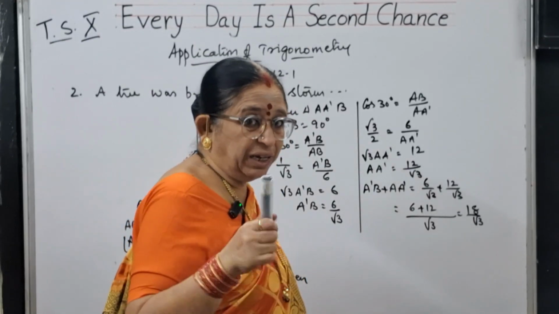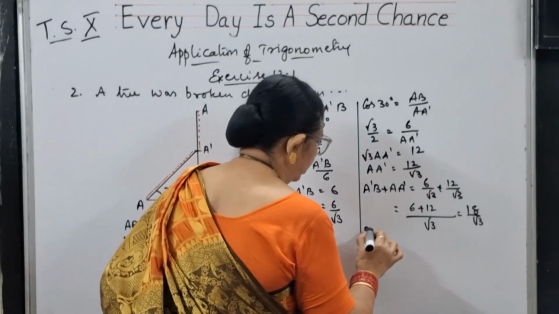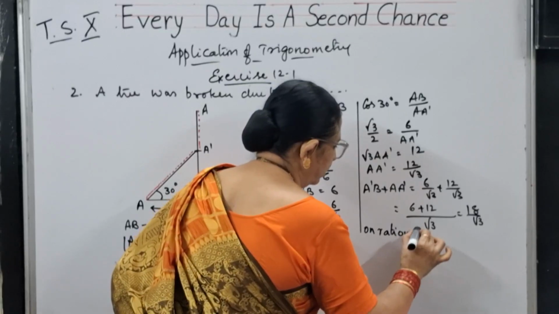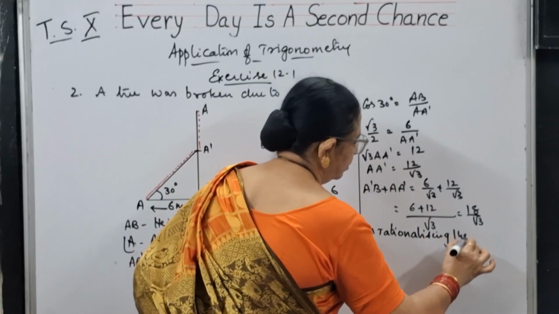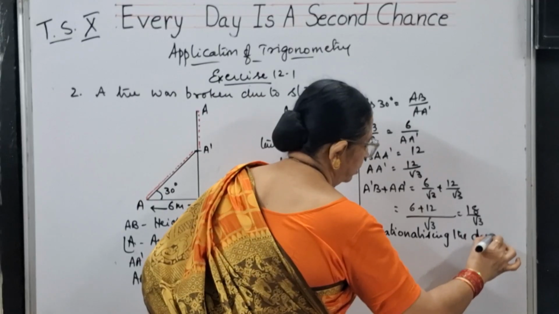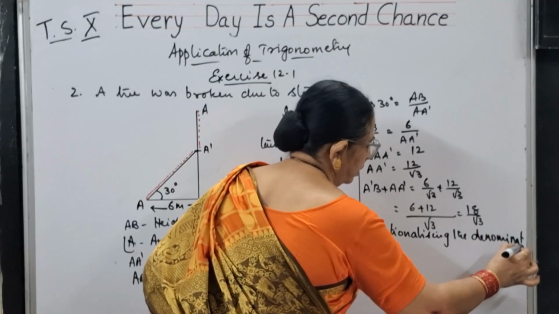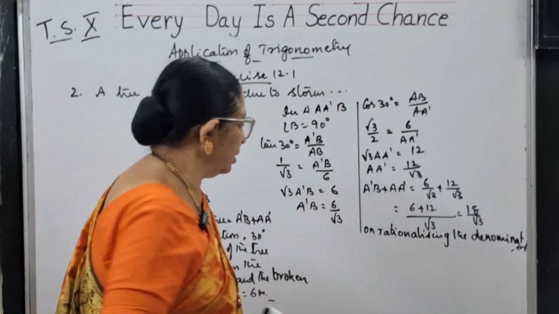We have irrational number in the denominator. So we go for rationalizing the denominator. So rationalizing the denominator means what, children? You have done it in your 9th class.